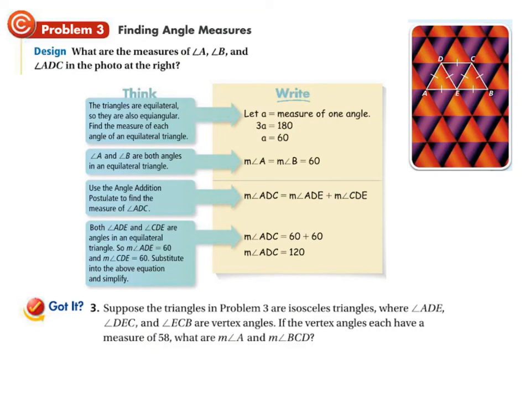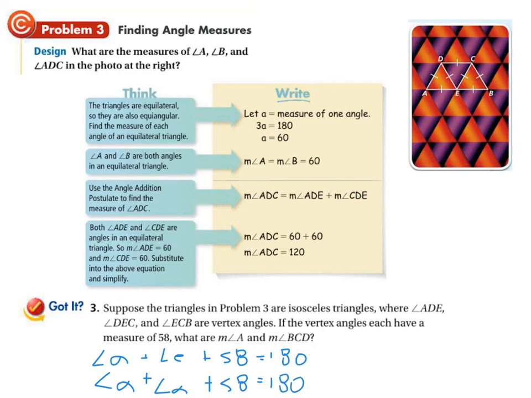So for triangle ADE, we have the vertex angle ADE measuring 58, then angle A and angle E are the same, so angle A plus angle E plus 58 equals 180. And since angle A and angle E are the same, we could substitute and say angle A plus angle A, they're equal measure, plus 58 equals 180.